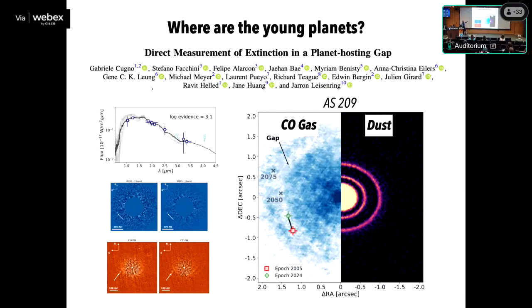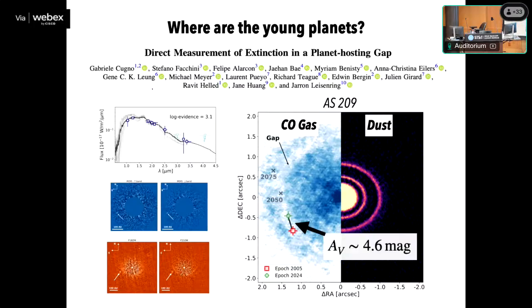And so this allows you to quantify the degree of extinction within the gap, really for the first time. And so they arrive at a value of something like 4.6. I think it's plus or minus 1 or so, the scale of the uncertainty. And all this is to say that it is very possible that planets are carving out these rings and gaps, and we're just not seeing them because of considerable extinction.